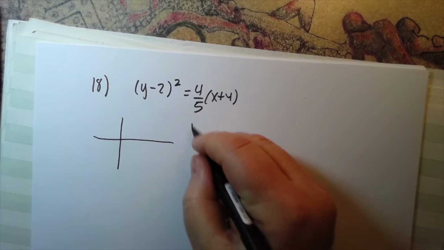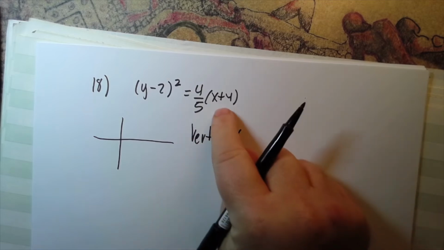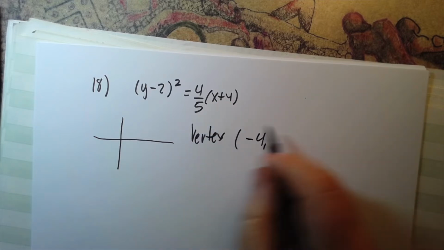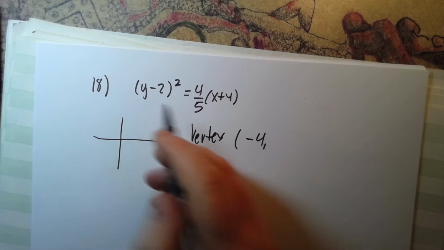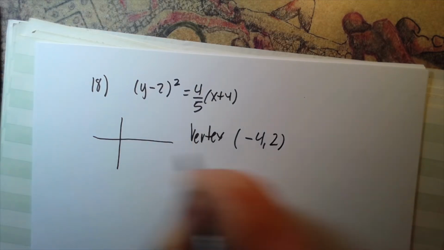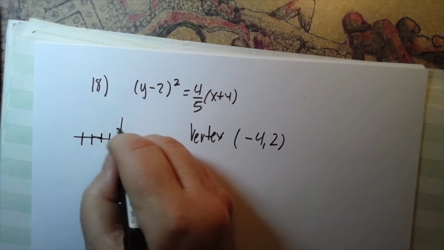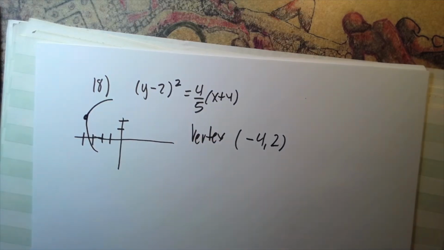So our vertex, we can still tell by looking at this: the x is subtracting a negative 4, that's how we get the plus, and the y value is just 2. So we're at 1, 2, 3, 4, then 1, 2, so our vertex would be here, and we're opening up in this direction.